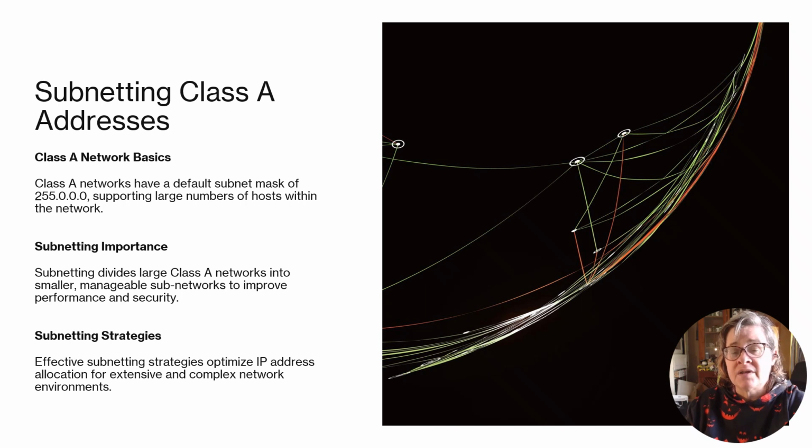Class A networks are large networks with a default mask of 255.0.0.0. This section covers subnetting strategies for extensive and complex network environments. Again, the 255 here is the network and the .0.0.0 is the host.